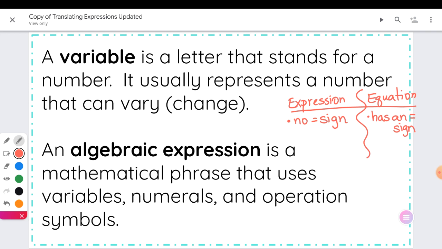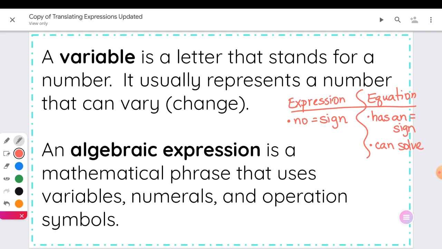Jack, you got something else? An expression could have a lot of answers, and an equation could have one. Not necessarily. I'm going to give you the next one because I don't think you guys know this yet. An equation you can solve. So like x plus 2 equals 5.